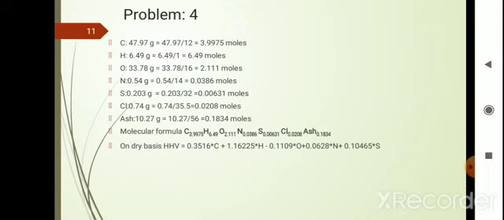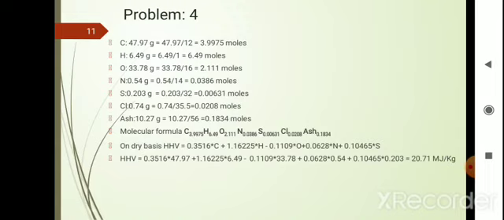Let's substitute the new percentages: carbon 47.97, hydrogen 6.49, oxygen 33.78, nitrogen 0.54, sulfur 0.203. So we will get 20.7 megajoule per kilogram.